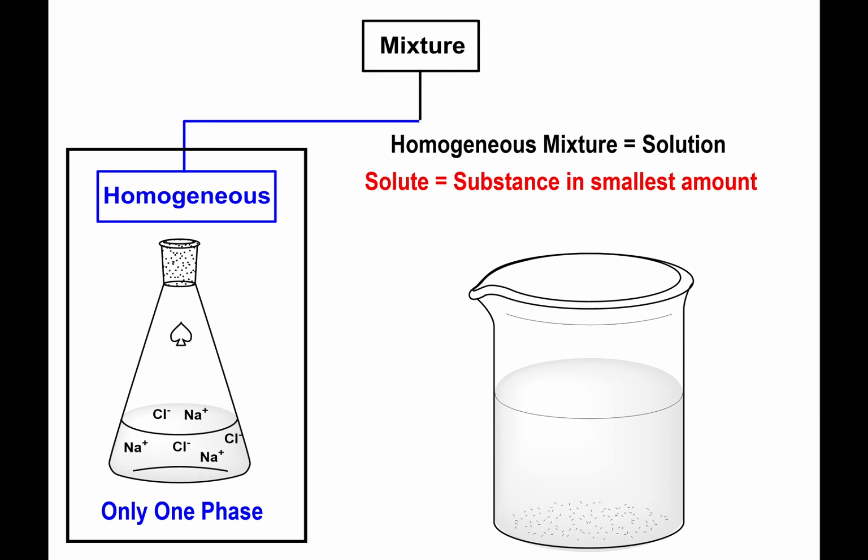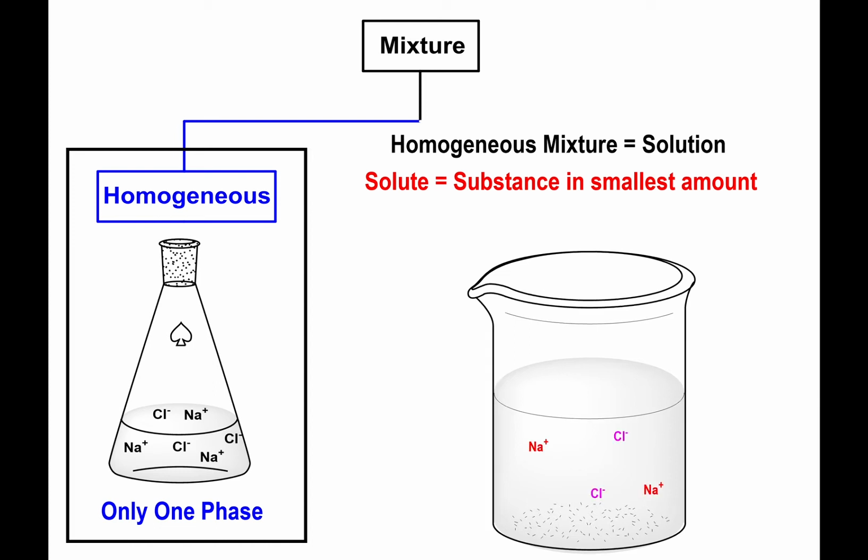And also, you may remember that the solute is the substance present in the smallest amount of moles, to be most exact. Like in the case of salt, the sodium and the chloride will be the solute present in the least amount of moles.